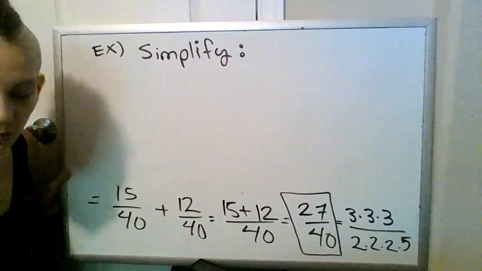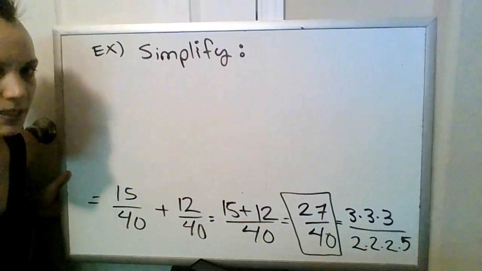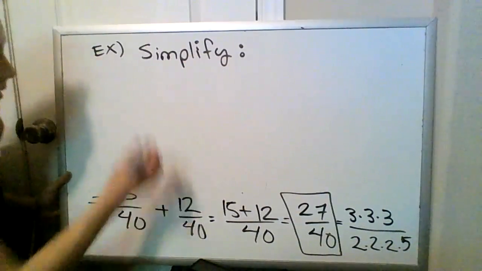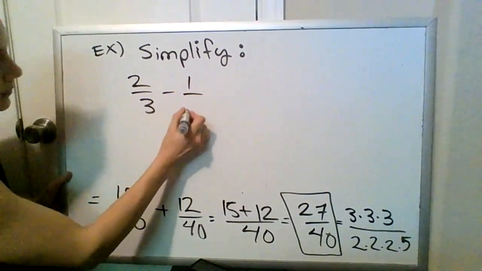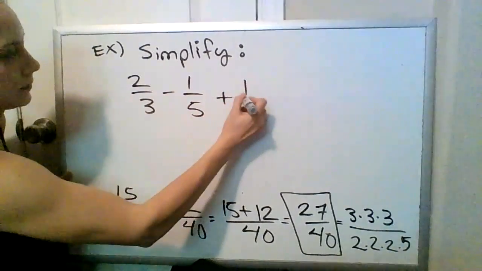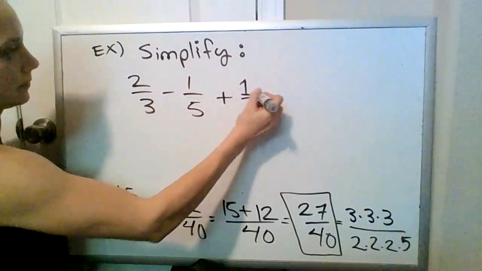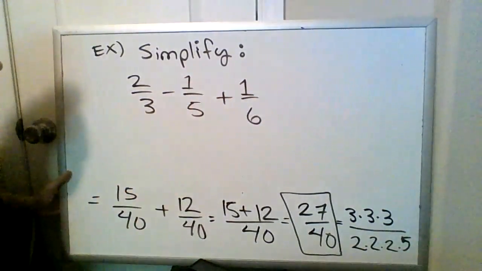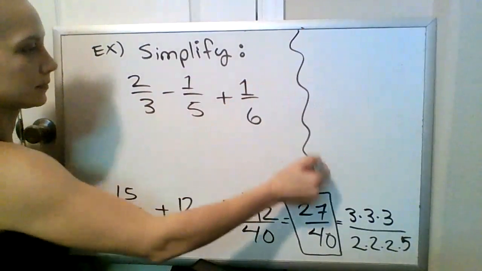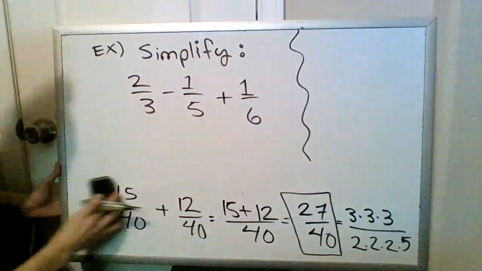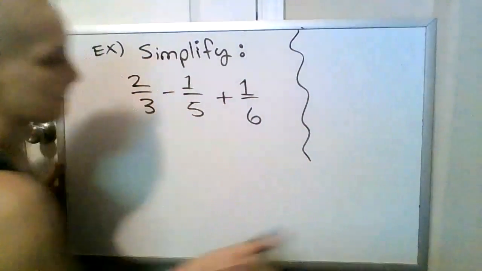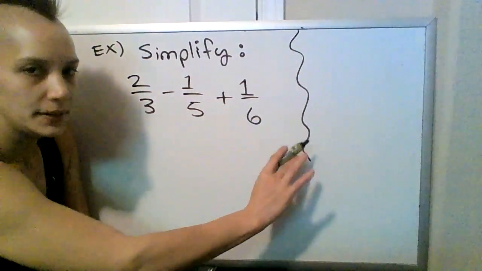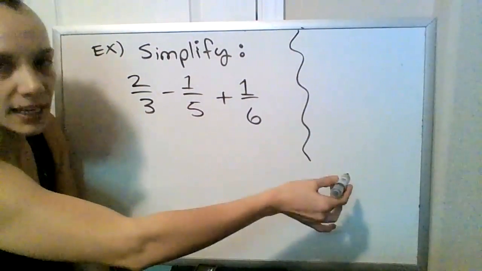This time it's 2/3, subtract 1/5, and add 1/6. On the side, find the LCD.